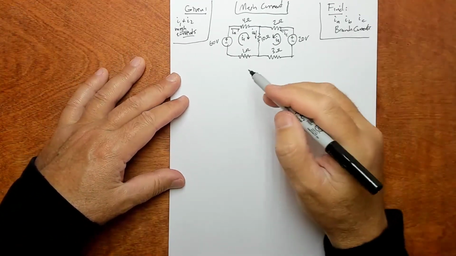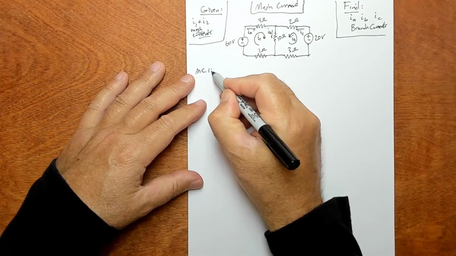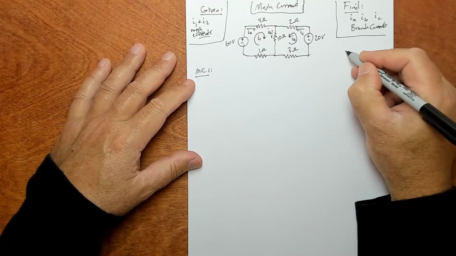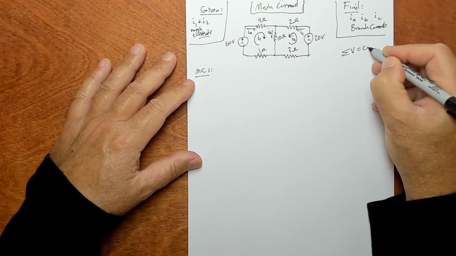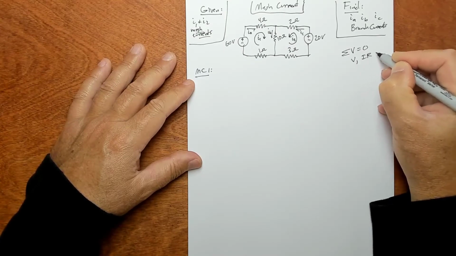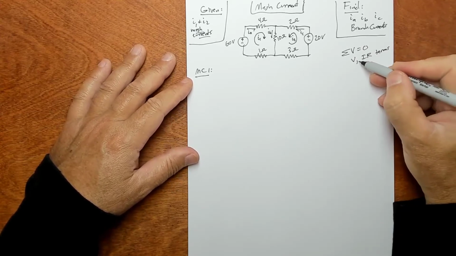Okay? So we'll write mesh current equation 1. So remember, when we do mesh current, what we're doing is we're summing the voltages equal to 0, but we're using V and IR terms. Sometimes we'll use V terms if we have them.